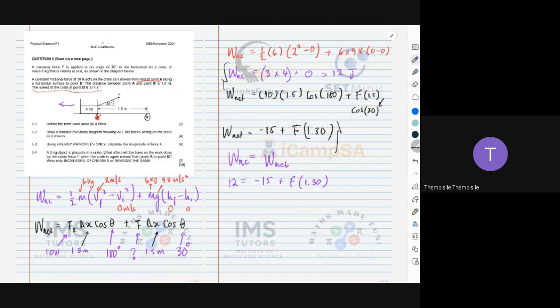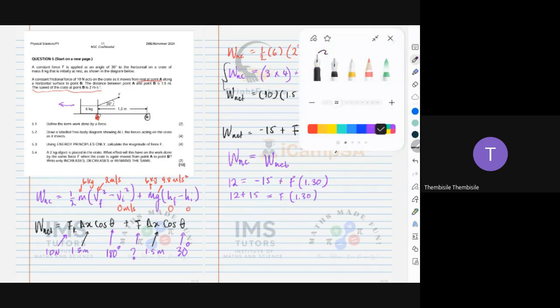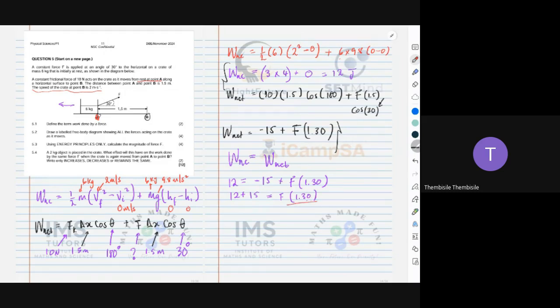times 1.30. Okay, so this is gonna be what you say here, 12 plus 15 equals to F times 1.30. Okay, do you see where we are going? So then you can just divide here by 1.30, by 1.30.